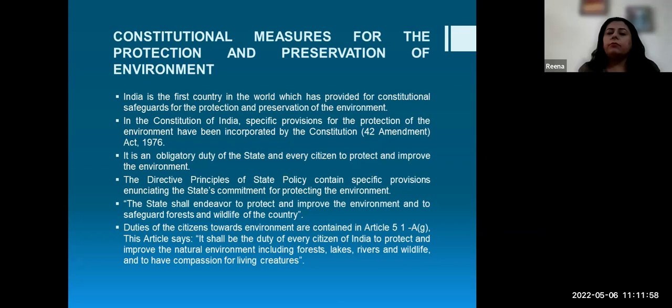The article says it shall be the duty of every citizen of India to protect and improve the natural environment, including forests, lakes, rivers, and wildlife, and to have compassion for living creatures. So basically, it is not just the requirement of the state to endeavor for improvement of environment. As per constitution, it is also the basic responsibility of every citizen to protect and improve the natural environment.